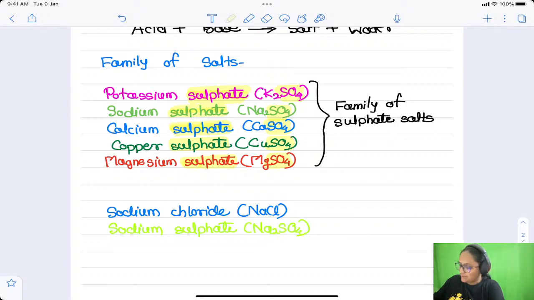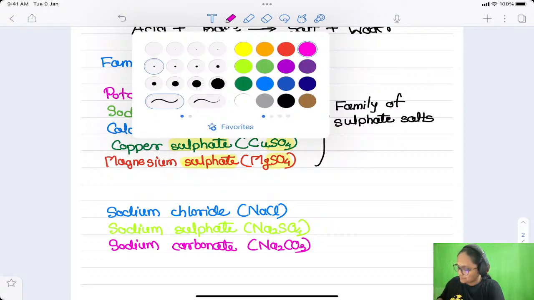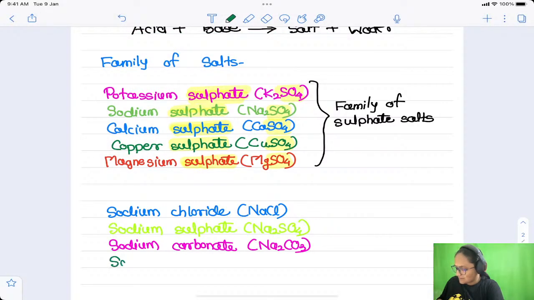The next example, sodium carbonate, formula Na2CO3. Next example, sodium bromide, formula NaBr.